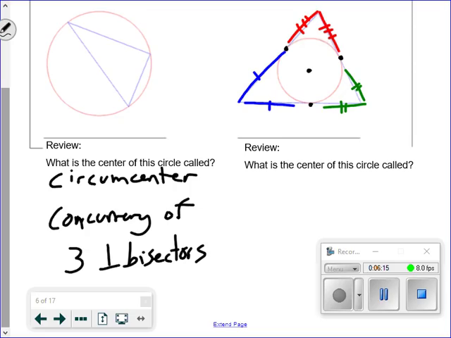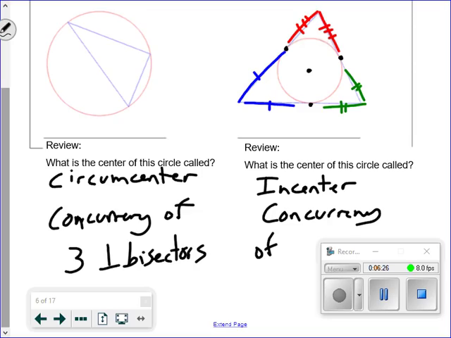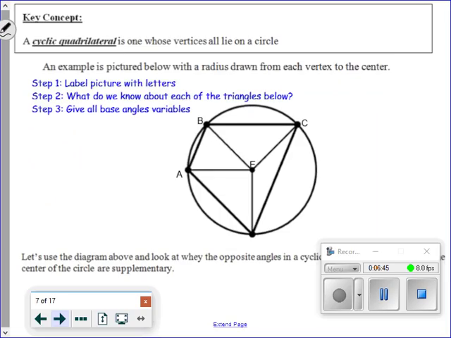The center of this circle is called the incenter. Get it? Inscribed, incenter. And this is the concurrency of the three angle bisectors. The other thing we did in Unit 5.5 was the three medians found the centroid, and the special piece of that was it broke each median into a 2-to-1 ratio. Okay, so today we're going to kind of do a shortcut.